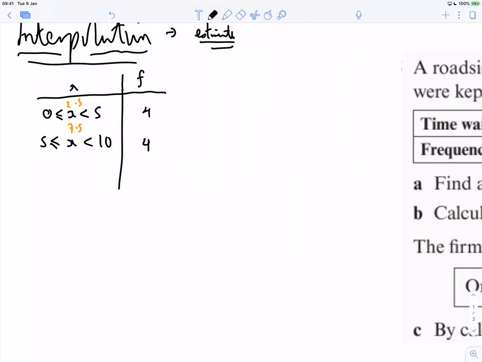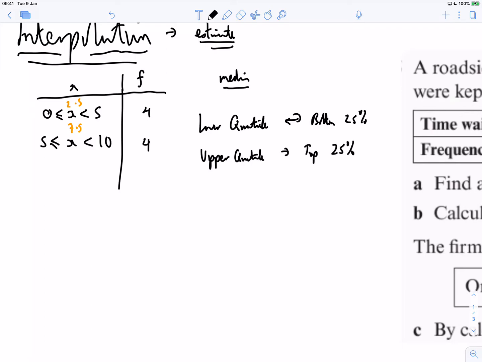Now, here's the next thing. What we use this for is not just the mean, but it's the median, but also the lower quartile, which is the bottom 25%, the upper quartile, which is the top 25%, and generally percentiles in general, which means up to and including that percent.